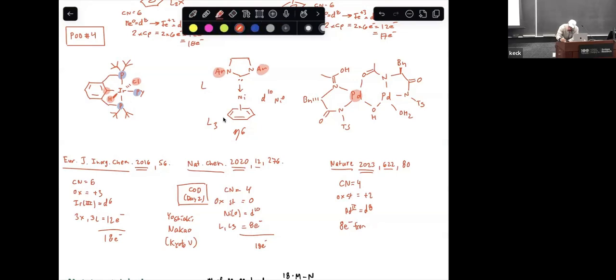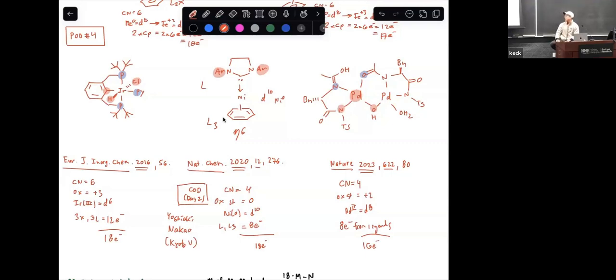I'll do this again, just one more time to drive this home. We've got an X type here, an X type here, this one bridging, and then 2 L types. So in this case, you have a 16 electron complex.